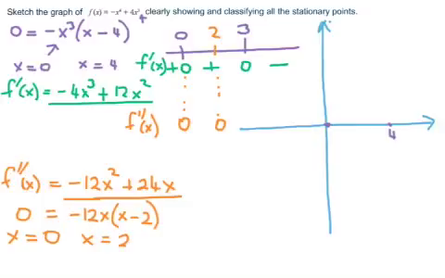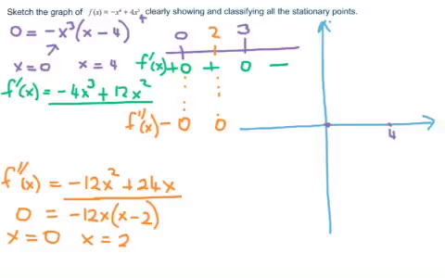Negative 1 becomes positive 1 when it's squared, times 12. It's positive 12, it becomes negative 12, and then plus negative 24. So it's going to be negative on that side.